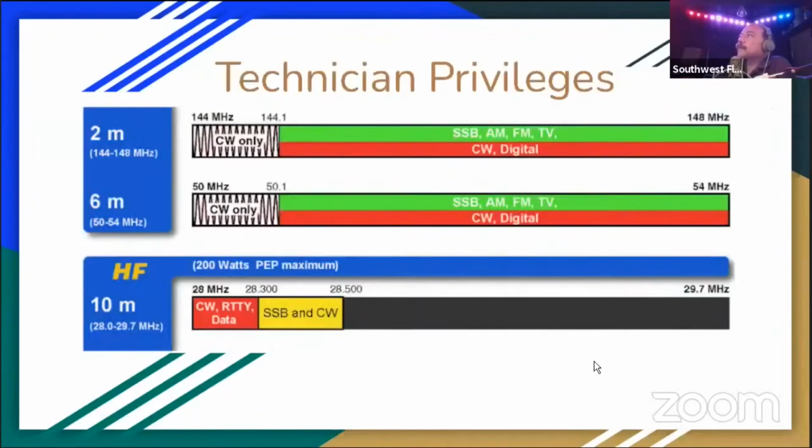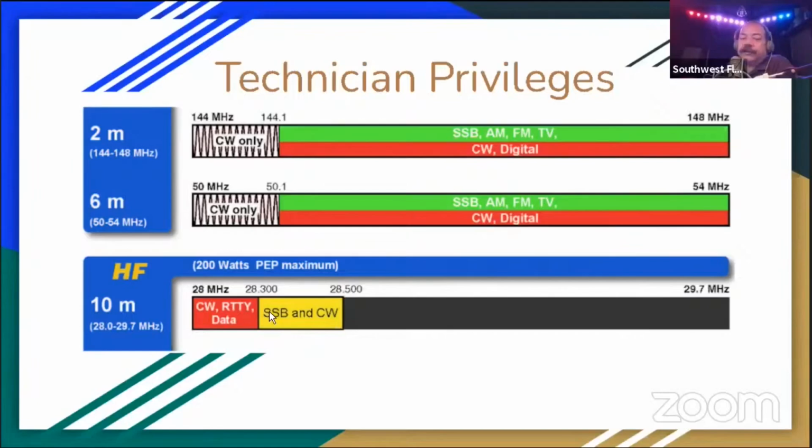So technician privileges. Those of you who are technicians, I don't want to go down a roll call and see who's here that's a technician. I don't want to go through all that. Technicians, you know who you are. You are allowed to get on this stuff. I want you to notice, even on HF, on 10 meters, you are allowed to talk on sideband, phone or digital.